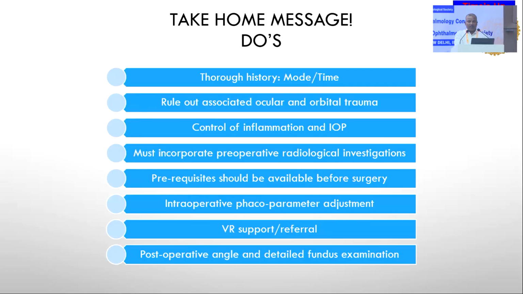Prerequisites should be available before surgery, and intraoperative phaco parameters should be adjusted. VR support should be there, and if it can't be taken, there should be no hesitation in referring.